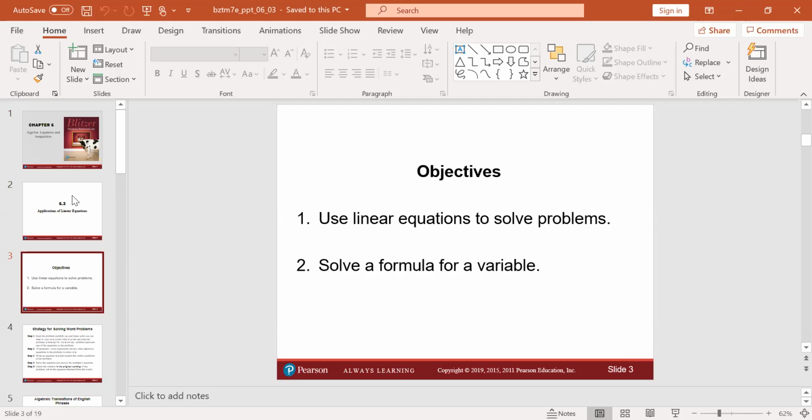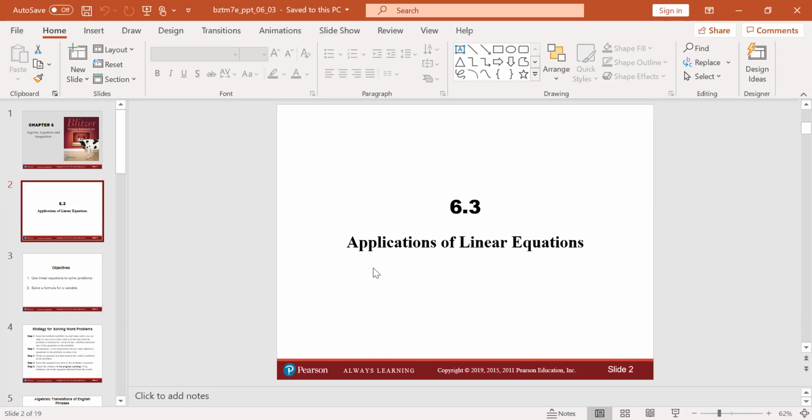What we need to do is set up applications. An application is a real world kind of thought about how we can deal with linear equations, how we can set them up, how we can solve them, what does solving it mean, what does the value of the variable mean when you solve for it, and so on and so forth. And so that's what we're going to be concerning ourselves with today.